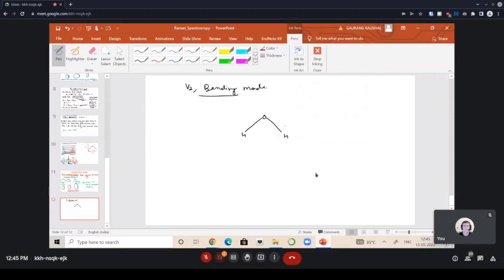So you can bend this molecule by decreasing the angle between the HOH atoms. One bending mode is compressing, meaning decreasing the angle. This is the angle; you can just decrease this angle.